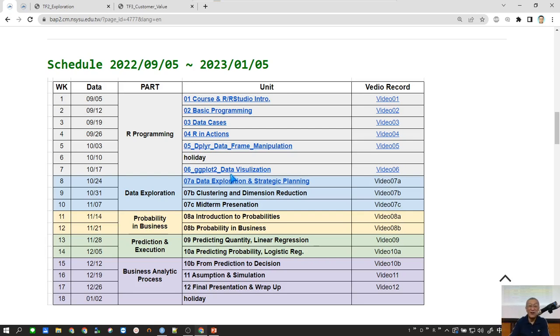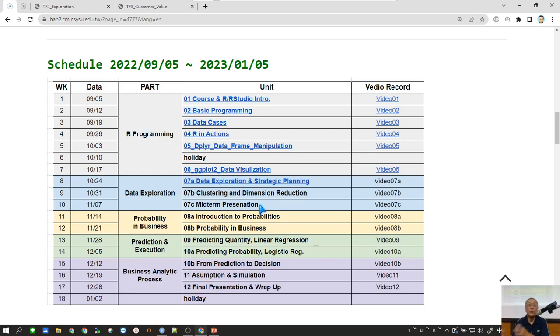Okay. So, any more questions about the course up to this point? This is the syllabus, right? So this week we are going to do some data exploration, basically using what we have learned so far, using R as a tool to help us explore the data so we can do strategic planning, right? That is what I want to do today.